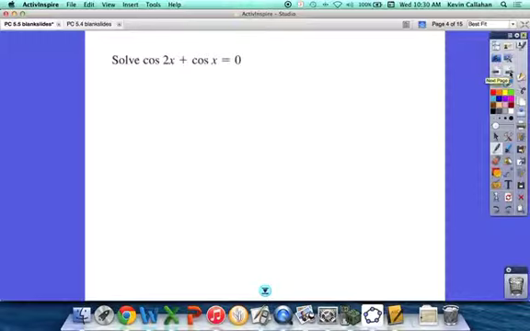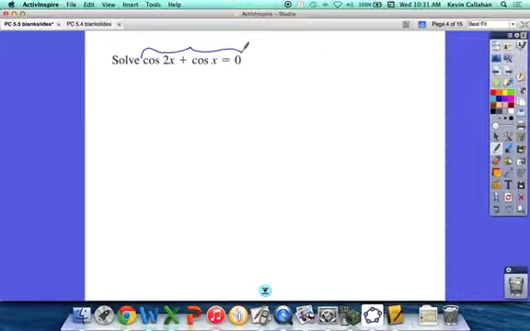So solve. So if you're looking at this equation right here, one term is a cosine of 2x, another one is cosine of x, and you need it to all be the same thing. So that's why we would use a double angle formula to convert this cosine of 2x to a cosine or a something of 1x, right?